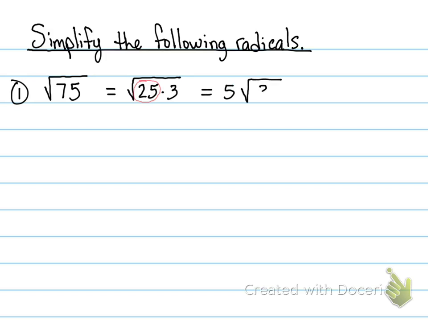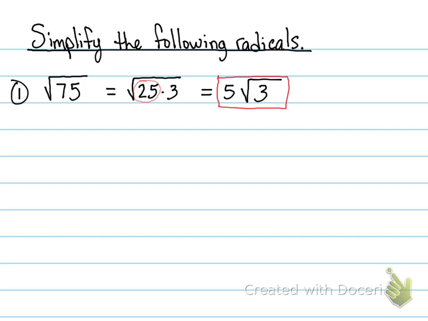So we can simplify this, and so the square root of 25 is 5, so we put that directly in front of the radical, right? It's being multiplied to the radical, and again, we still have the 3 underneath the radical here. And you always want to check to make sure that it is as simplified as we can make it.